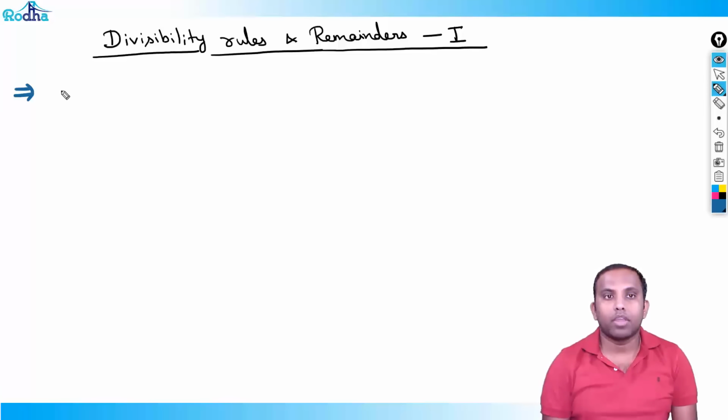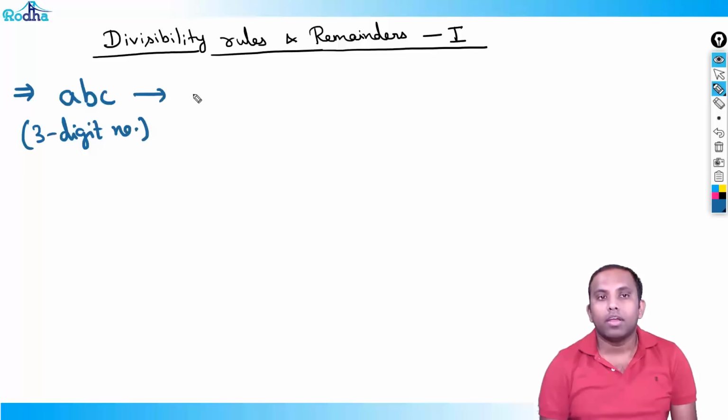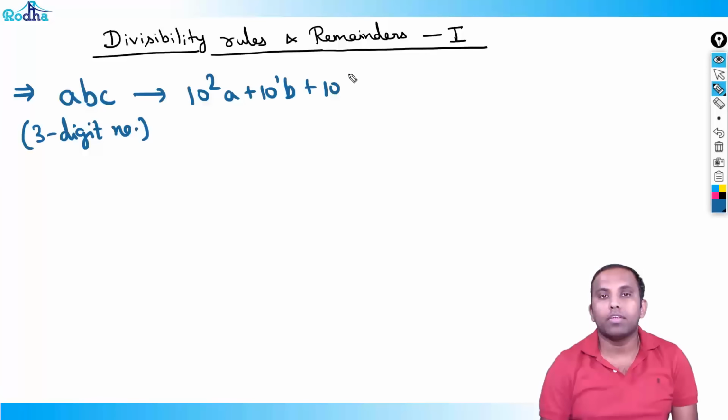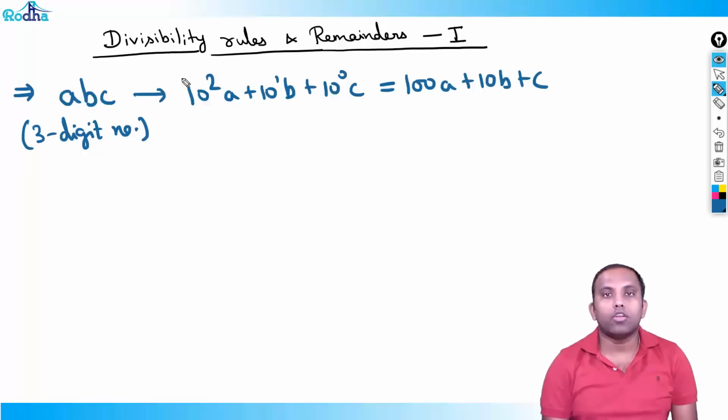Any number of the form ABC. Now ABC here is a 3-digit number, so any number of the form ABC can be written as 10 square A plus 10 raised to 1 B plus 10 raised to 0 C. That is 100A plus 10B plus C. We have discussed this earlier also.